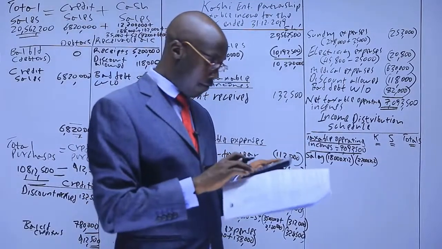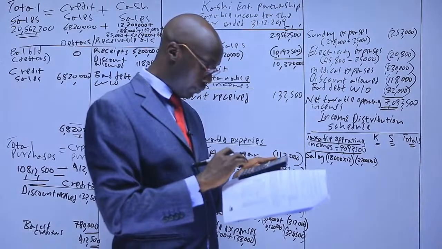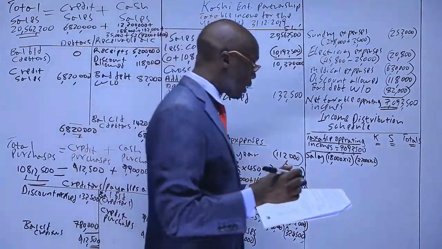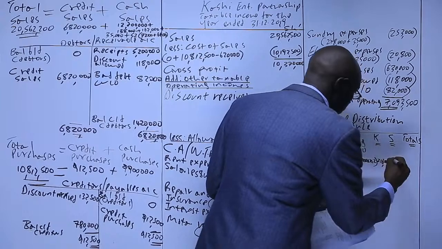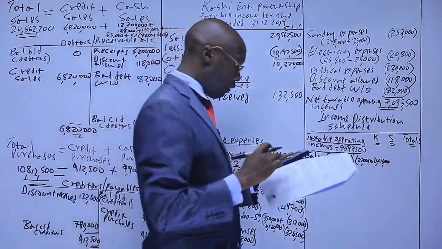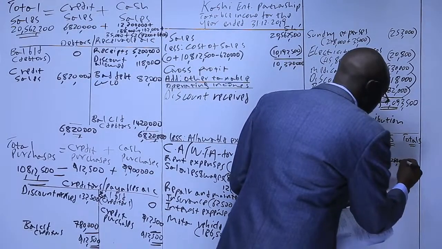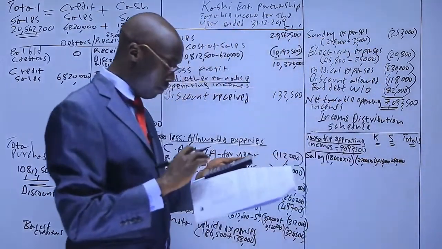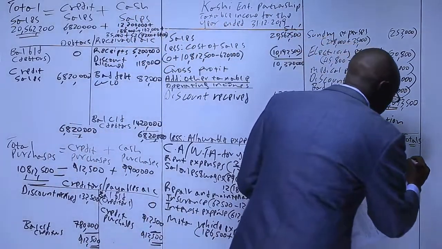So 18 times 12 gives us 216,000. The other one is 22,000 times 12, giving us 264,000.